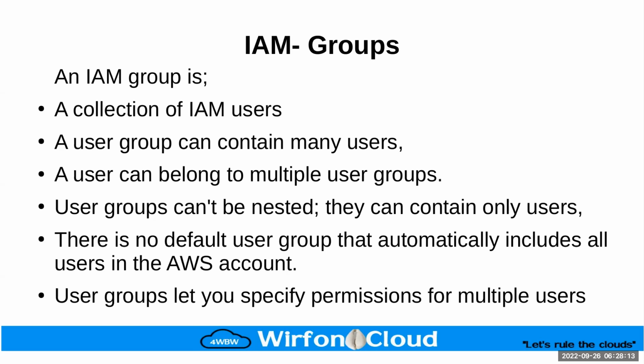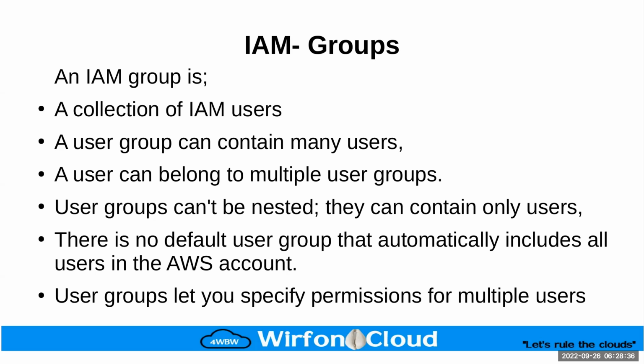So an IAM group is just a collection of users, and the key reason for doing that is to easily manage permissions. When you think of organizations, you may have 200, 300, 400 people in a department that require similar permissions.